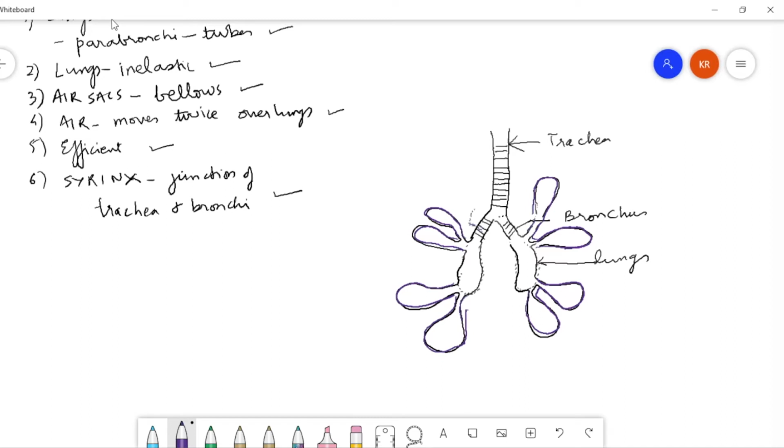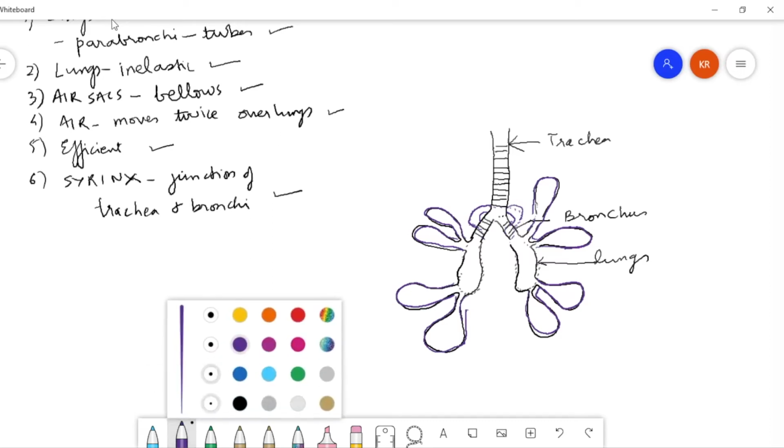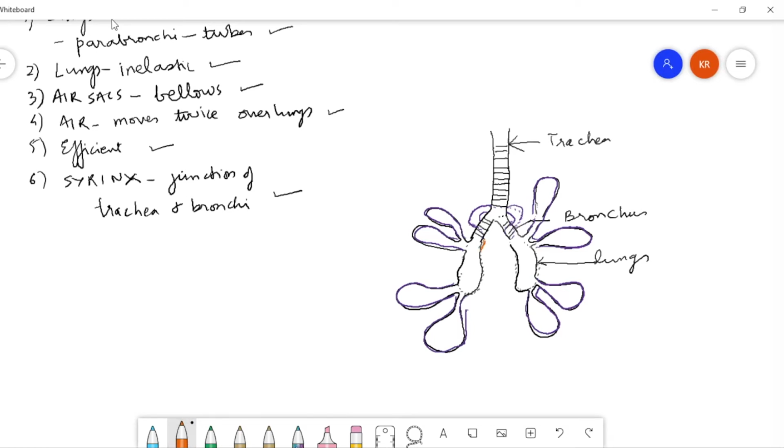There is one more here which I am showing with dotted lines. So these are the lungs, and the lungs contain parabronchi, which I am just showing in a representative manner in this way.